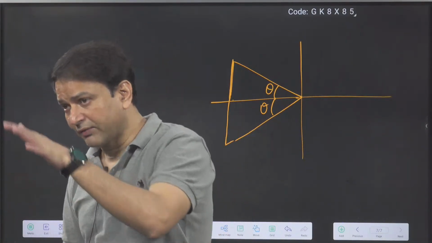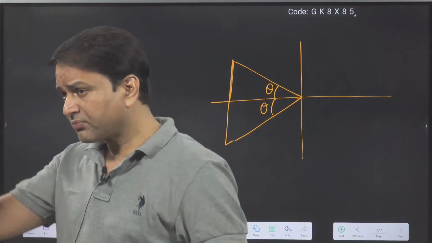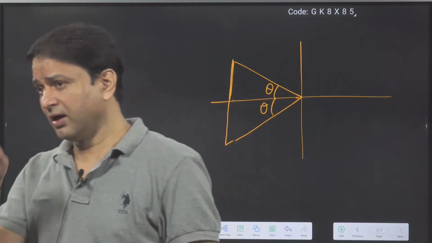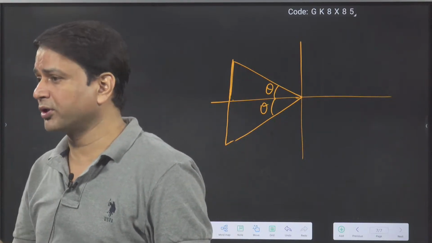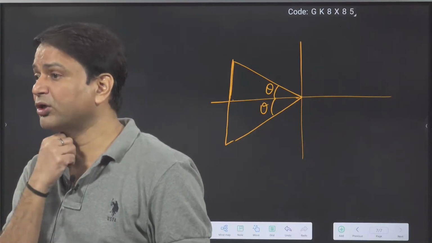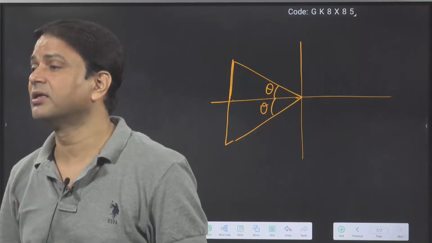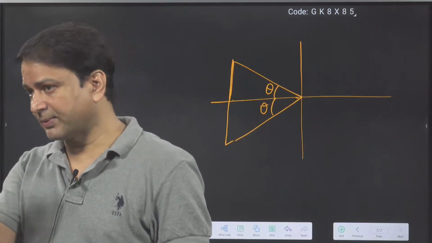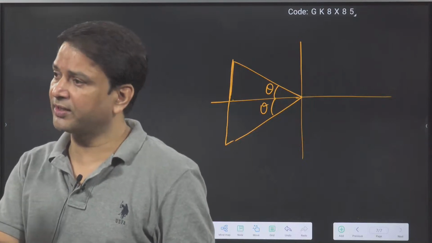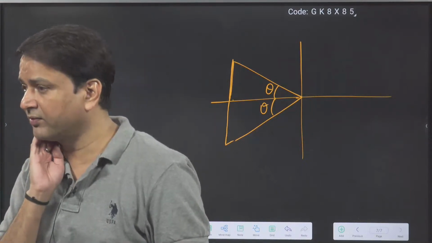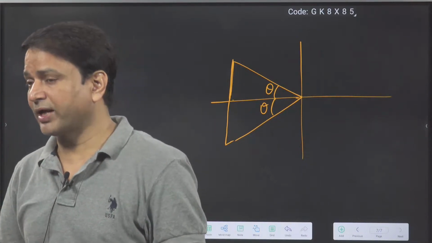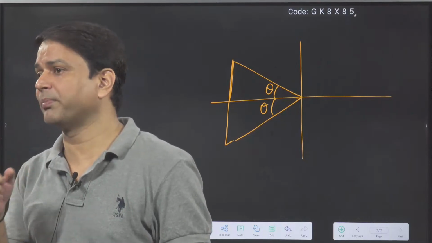That's why in the second quadrant we are getting sine positive, but cos theta and tan theta negative. If I am writing in the third quadrant, sine theta, I will say perpendicular upon hypotenuse. In the third quadrant perpendicular is negative, below the x-axis. Okay, cos theta is base upon hypotenuse, x is also negative, so cos theta you are getting negative. If I am saying tan theta, it is perpendicular upon base.